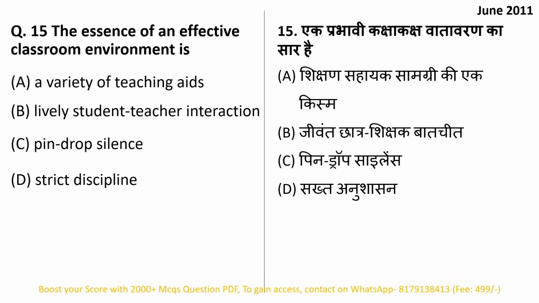The right answer is option B, lively teacher student interaction. If the student and teacher interact with each other, the students will be open, the teacher will get feedback from the students, and if the students have any doubts, they can get them cleared from the teacher.